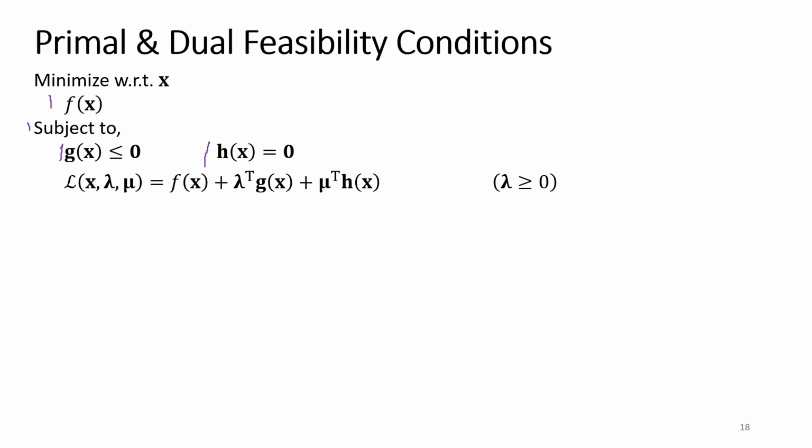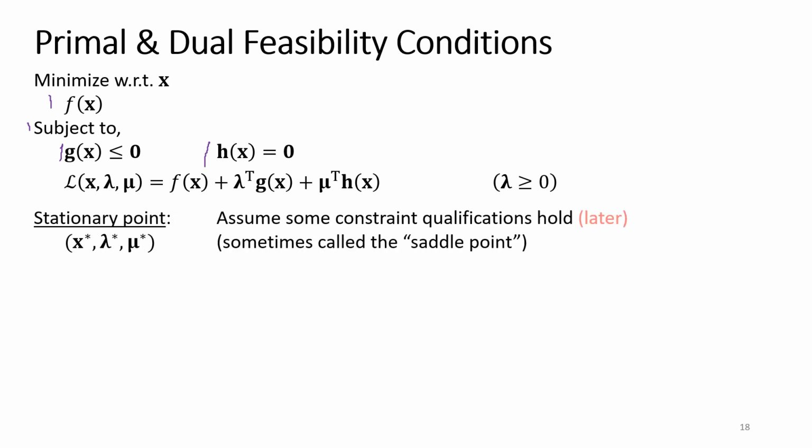And this is the Lagrangian L of x, lambda, mu, which we just saw previously. Stationary point. A stationary point is x star, lambda star, mu star, assuming some constraint qualification holds, which we shall look at later. And this is often referred to as the saddle point.